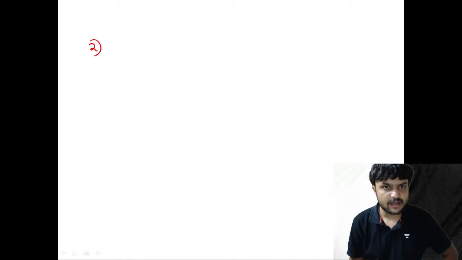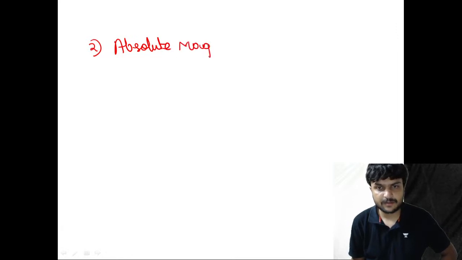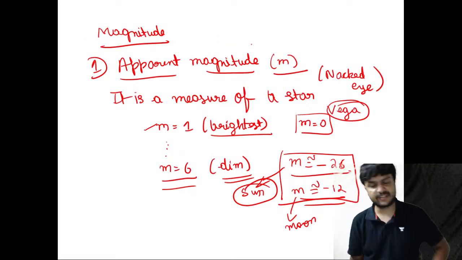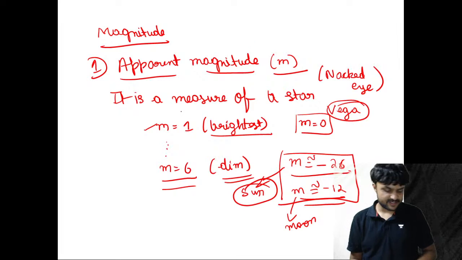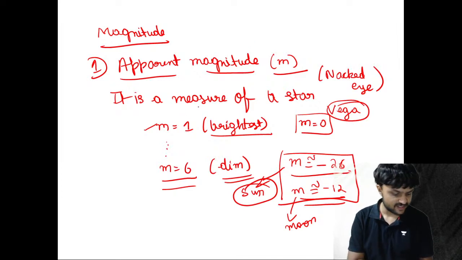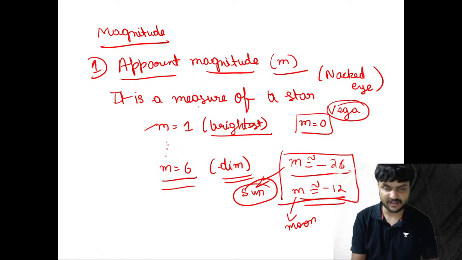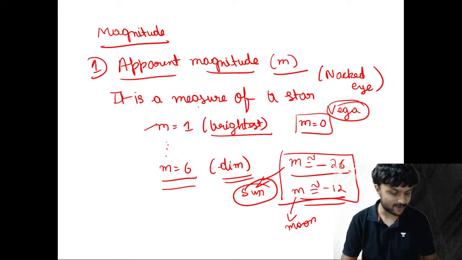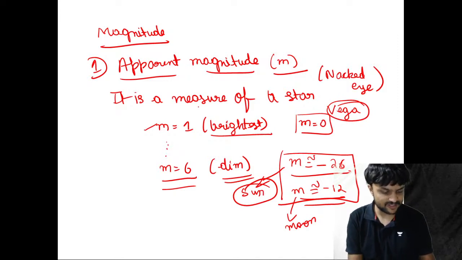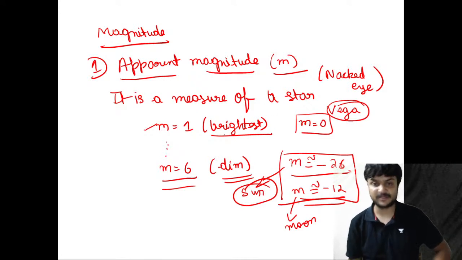Okay, so there is another magnitude called absolute magnitude. Since these are related to examinations, I think I should give you equations as well. I always feel equations play a major role in physics, and any competitive exam requires you to understand these concepts using equations.